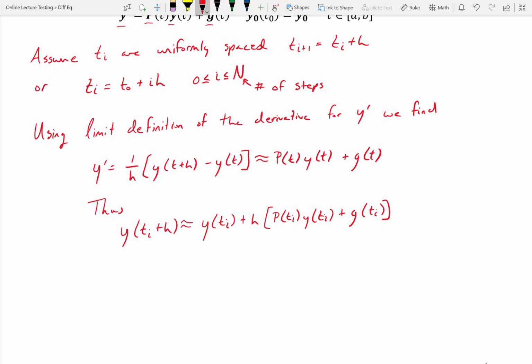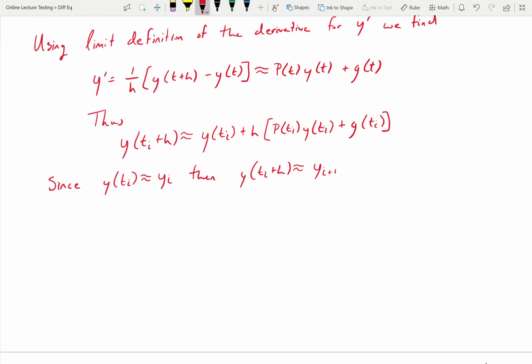Since we stated before that y of t sub i is approximately equal to y sub i, then y of t sub i plus h is approximately equal to y sub i plus 1. So this is our first iteration, and that's where y sub i plus 1 comes from.